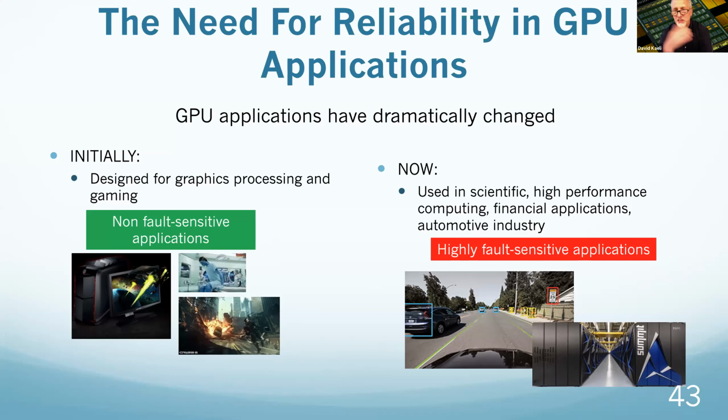But now we're using these GPUs for scientific computing, high performance applications, financial applications. The automotive industry is using them, and we did an analysis of some GPUs in autonomous driving and saw that you can miss pedestrians that are in the road, all kinds of things that are rather safety critical.